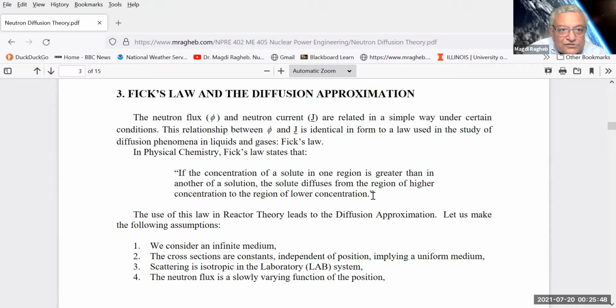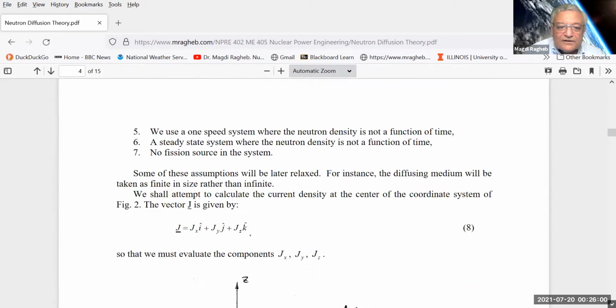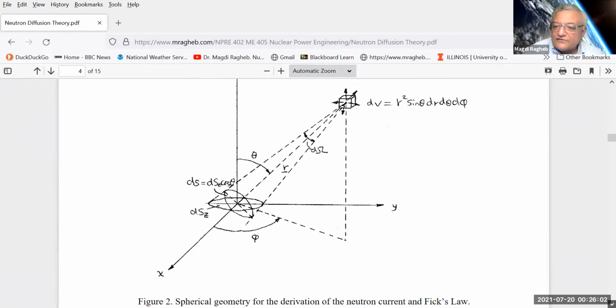So the distribution as a function of space of the reaction rate in a nuclear reactor is of great importance, and it follows Fick's law. So it is imperative for us to describe the mathematical description of Fick's law.